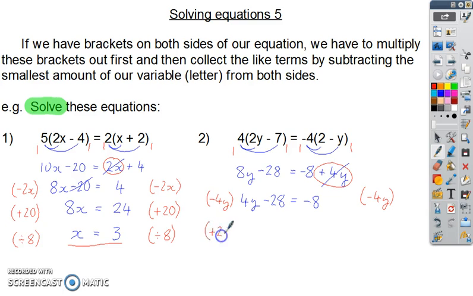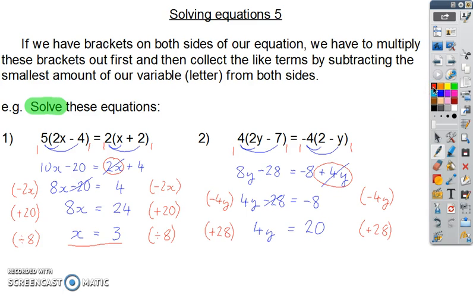We're going to add 28 to both sides. So then we're left with, on the left hand side, the negative 28 is going to disappear. 4y equals, and negative 8 plus 28 is going to be positive 20. Just write that as normal 20.